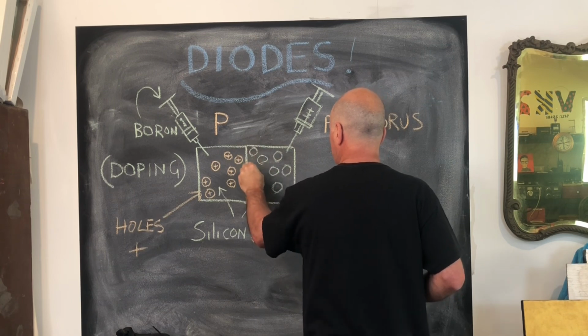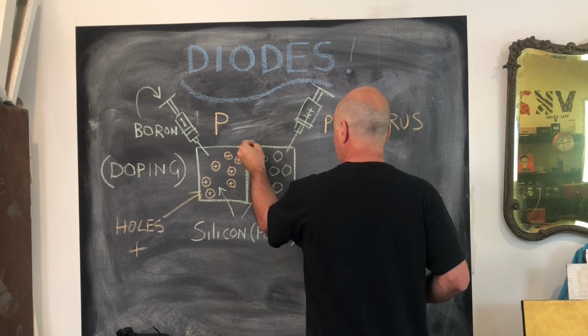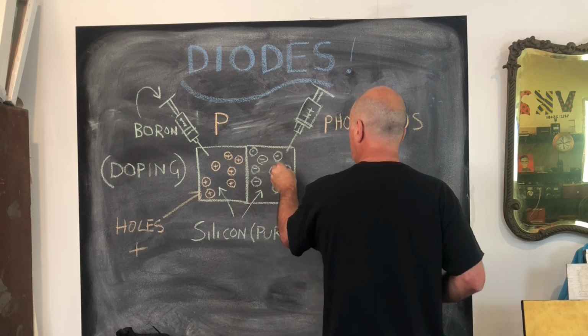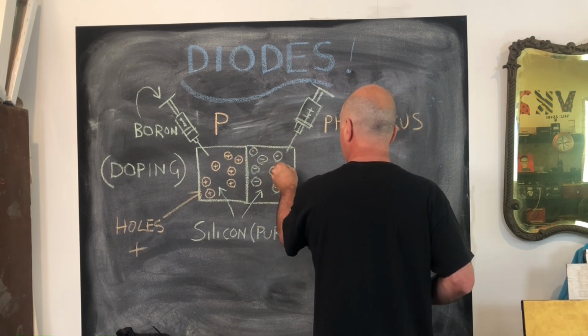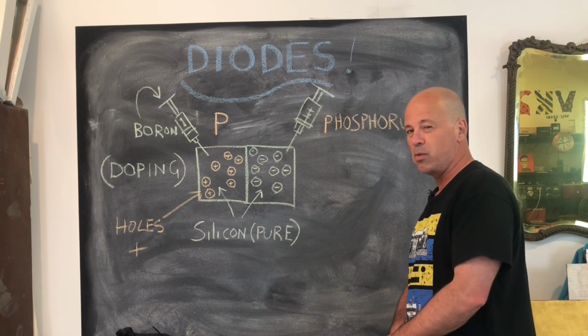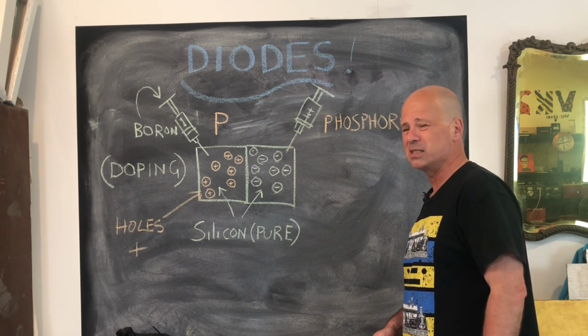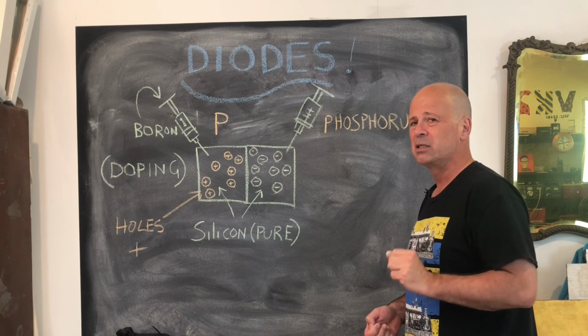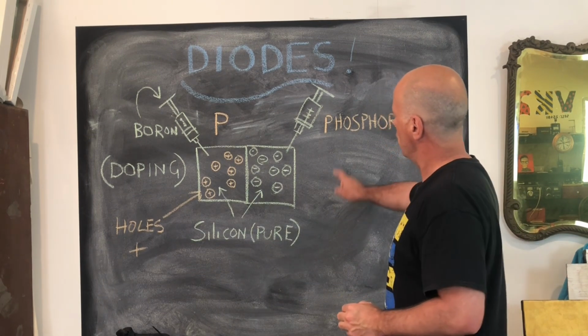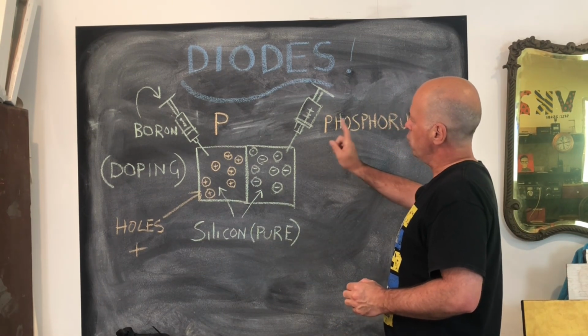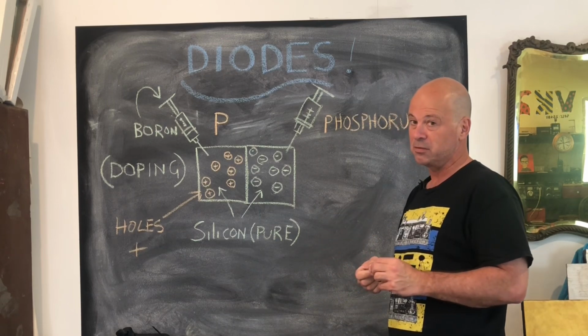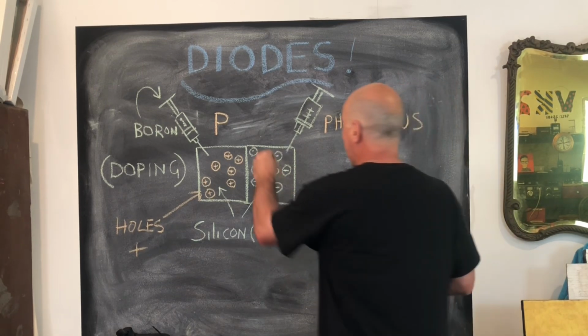So we've now created a piece of silicon that will function quite well as a conductor, but like a conductor, it will allow current to flow in both directions. So you may, at this moment, have a big question mark in your head saying, well, how is that going to allow current to flow in both directions? Well, when we dope with phosphorus, we create a type of silicon that is called N-type.